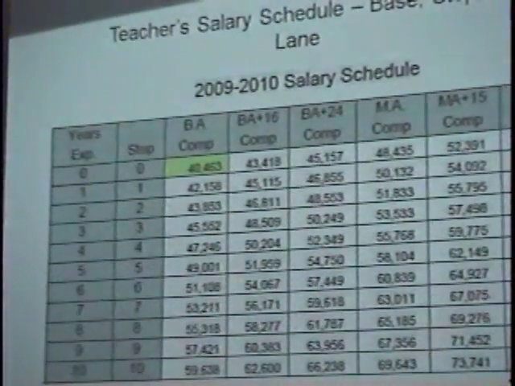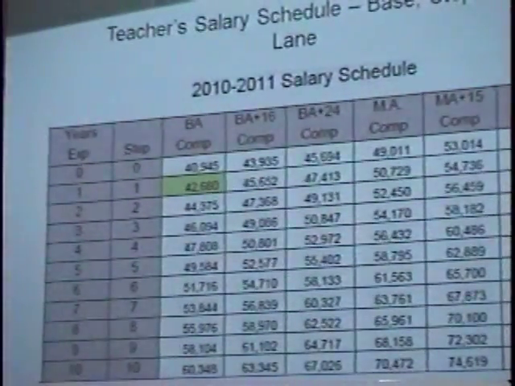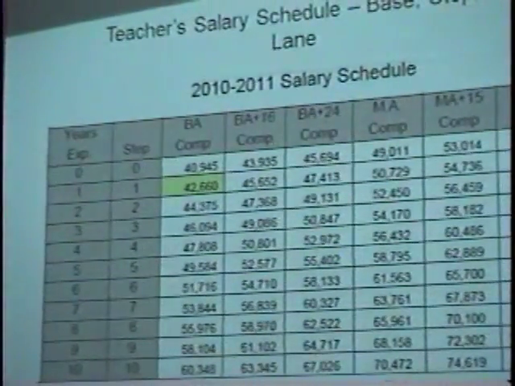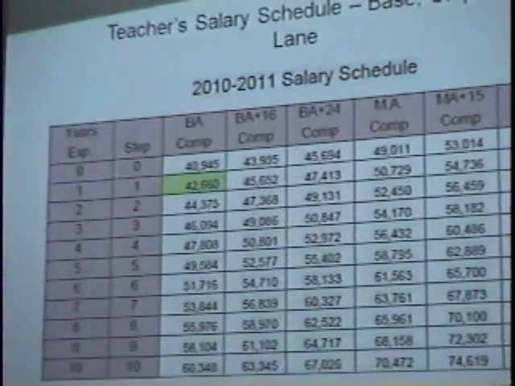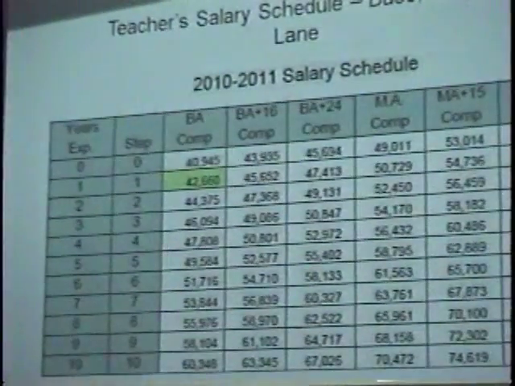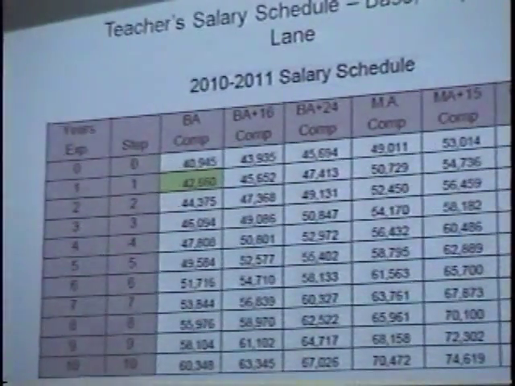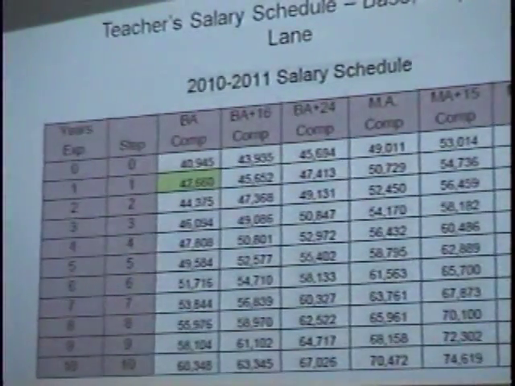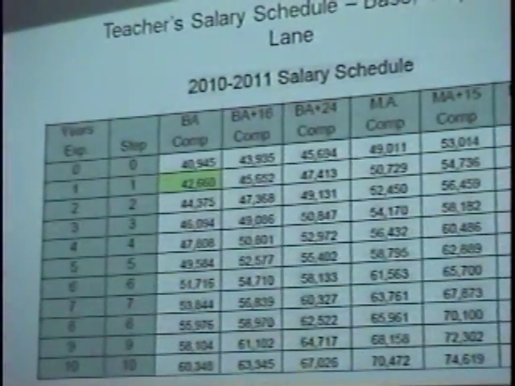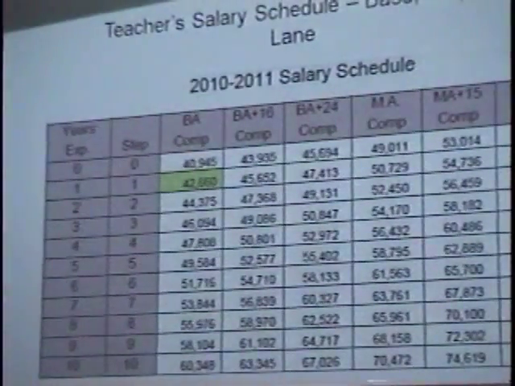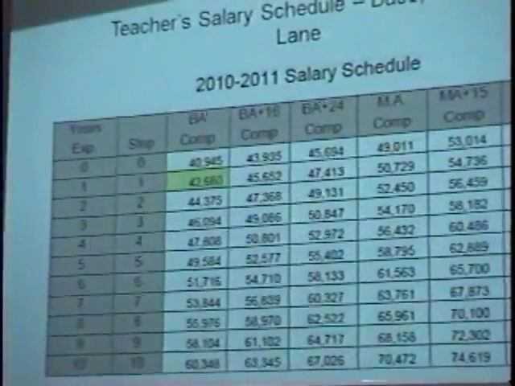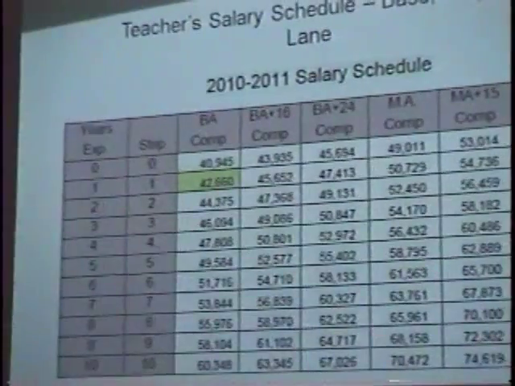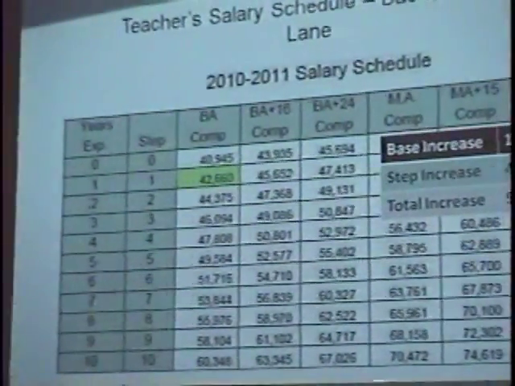So now she's making 40. Now you'll notice that the whole schedule changed. All the cells in here changed because it's another year, and each one of these cells went up. So that's their base raise. Then on top of base, she gets a step increase because she has another year of experience. So now she's making $42,000, okay?